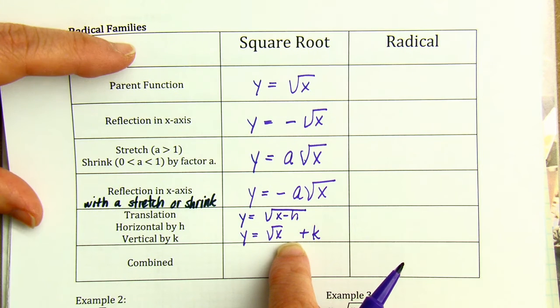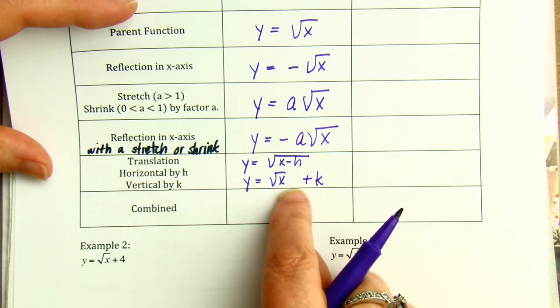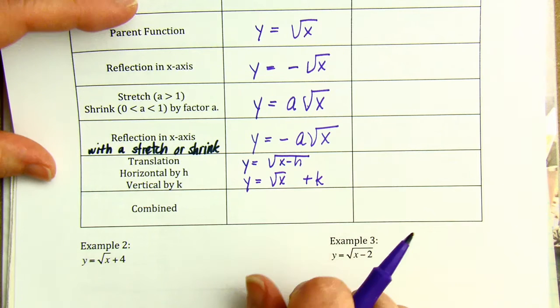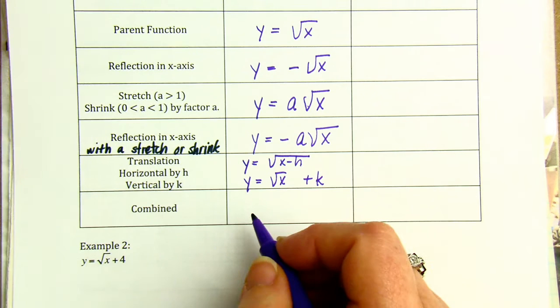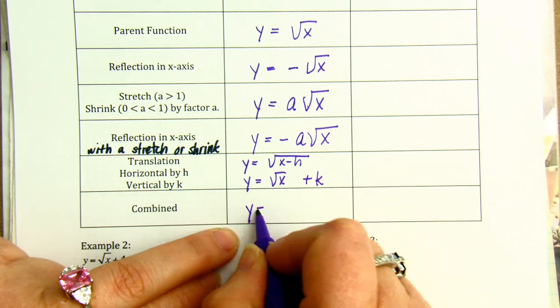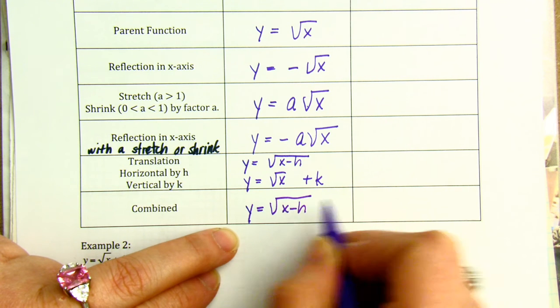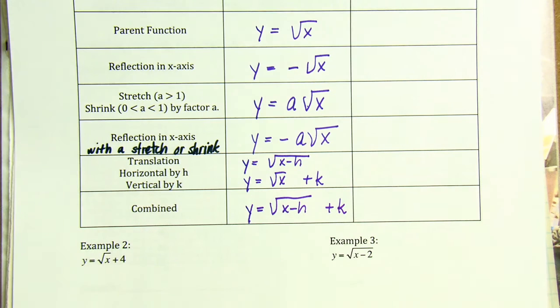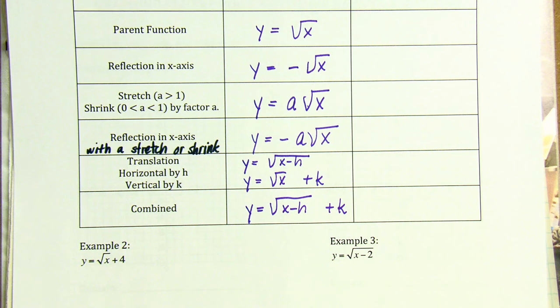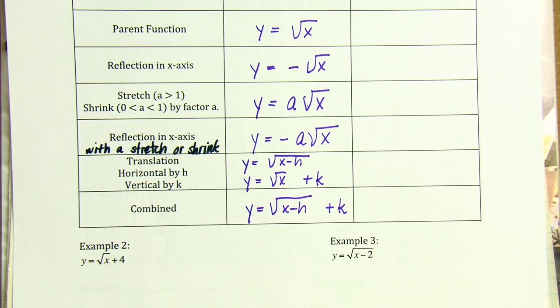Don't forget about that. Combined. Combining a horizontal and a vertical shift, your equation would look like y is equal to the square root of x minus h, and then plus k on the outside. Now, again, I realize this looks a little abstract because there's no particular numbers here right now. But these are the models that represent any case. We will do actual examples in a few moments.